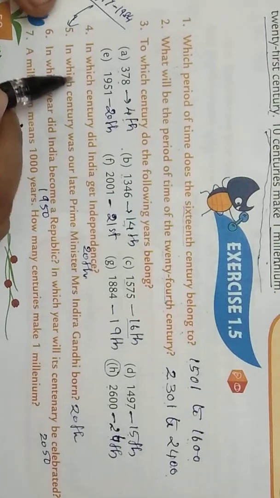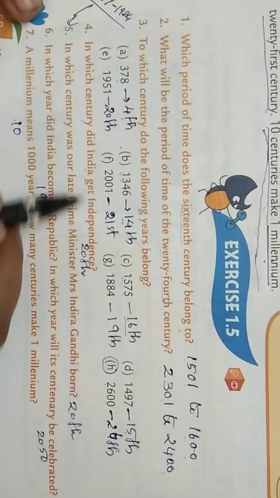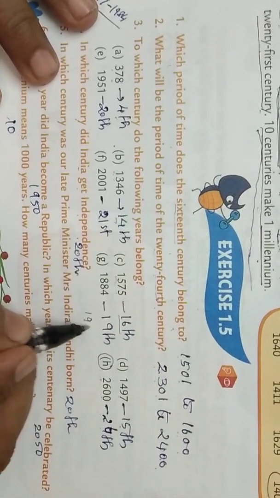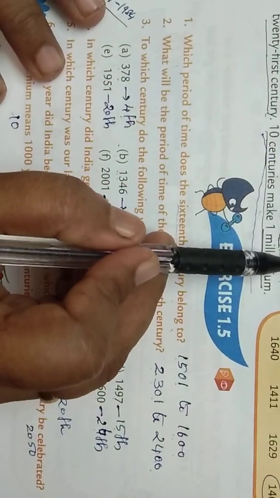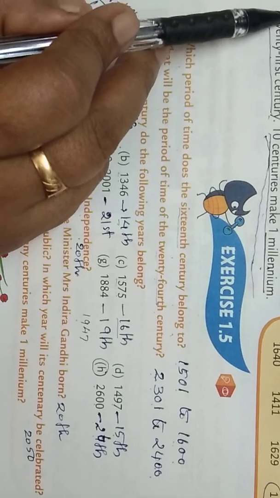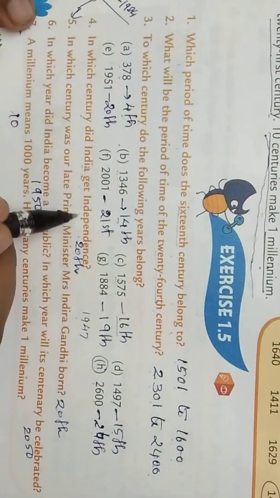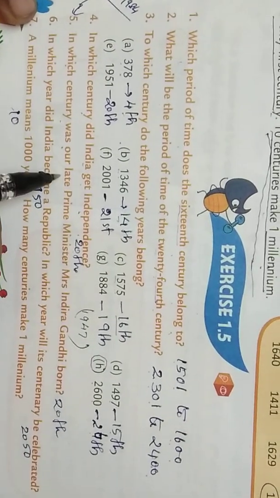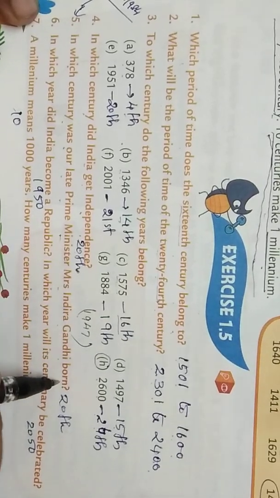Next, in which century did India get independence? India got independence in 1947. That belongs to 1901 to 2000, so we got independence in the 20th century. In which century was our late Prime Minister Mrs. Indira Gandhi born?